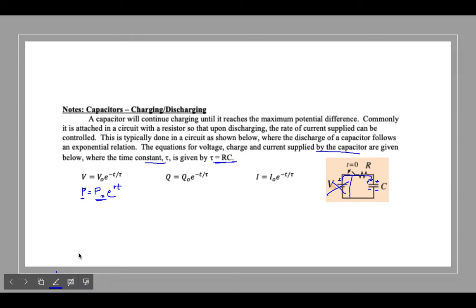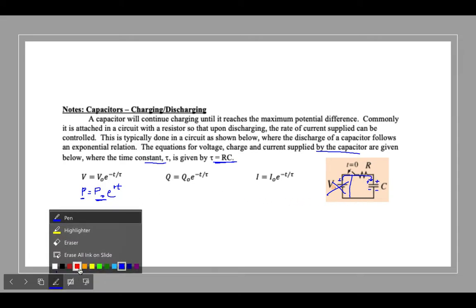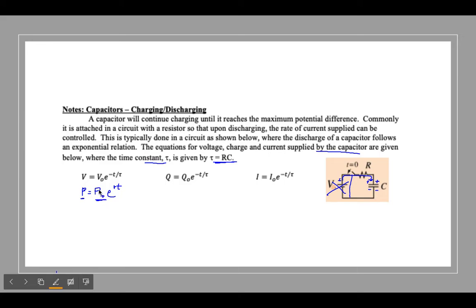That's what this is saying. These equations are talking about the discharging part, where the capacitor starts with some voltage, and over time it gets less and less. It starts with some charge, and over time it gets less and less. And it starts with some current initially, and over time it has less and less.